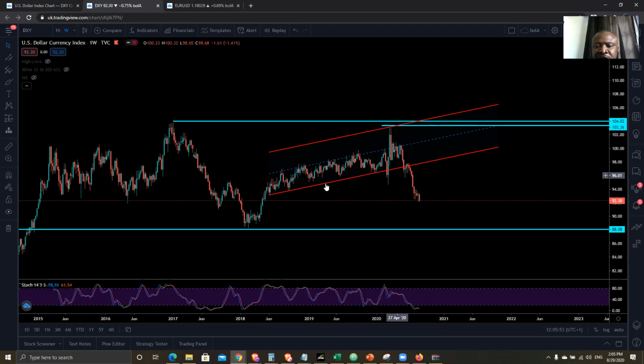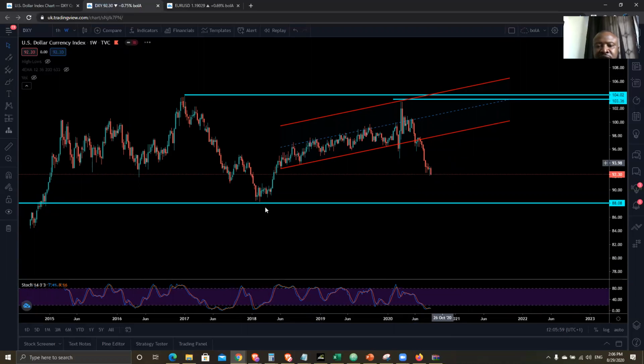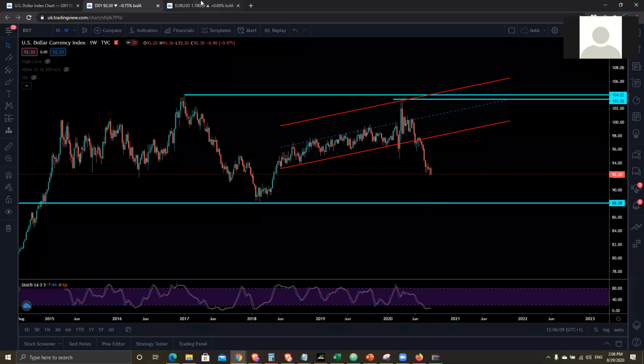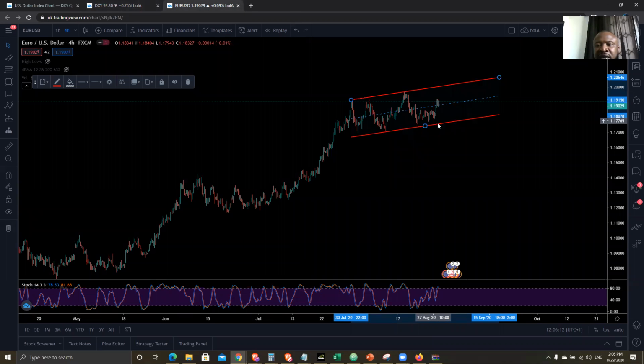Once the foundation has been uprooted, down we go. And the potential area that we are looking at will be this next structure and low. So that's one thing that you have to keep at the back of your mind. So in as much as the dollar is falling, even if the euro weakens, it will be using this as support. Okay.